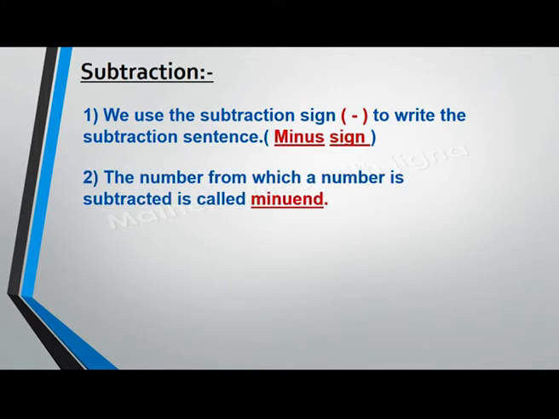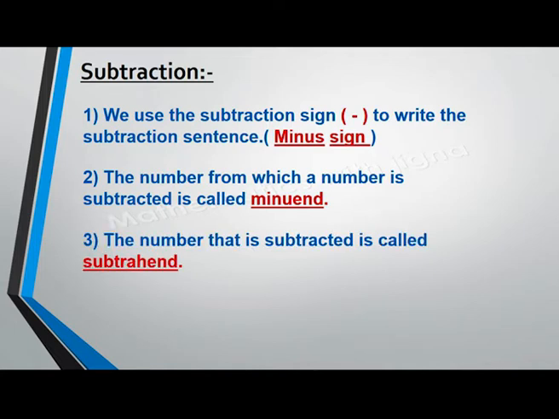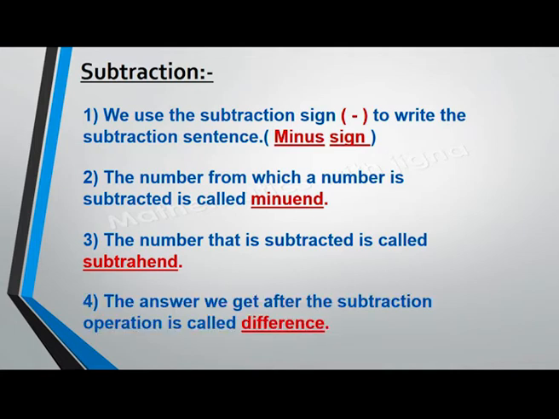The number from which a number is subtracted is called minuend, and the number that is subtracted is called subtrahend, and the answer we get after the subtraction operation is called difference. Like in the case of addition, the answer was called the sum. In the case of subtraction, the answer is called the difference.